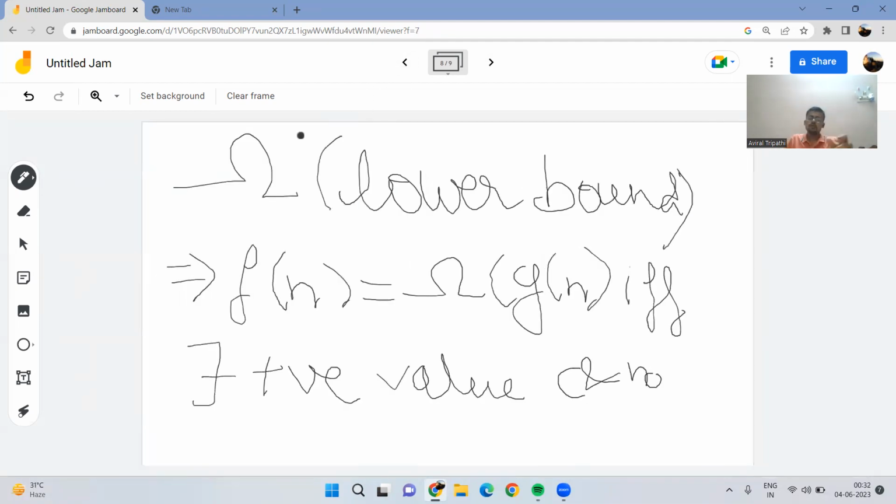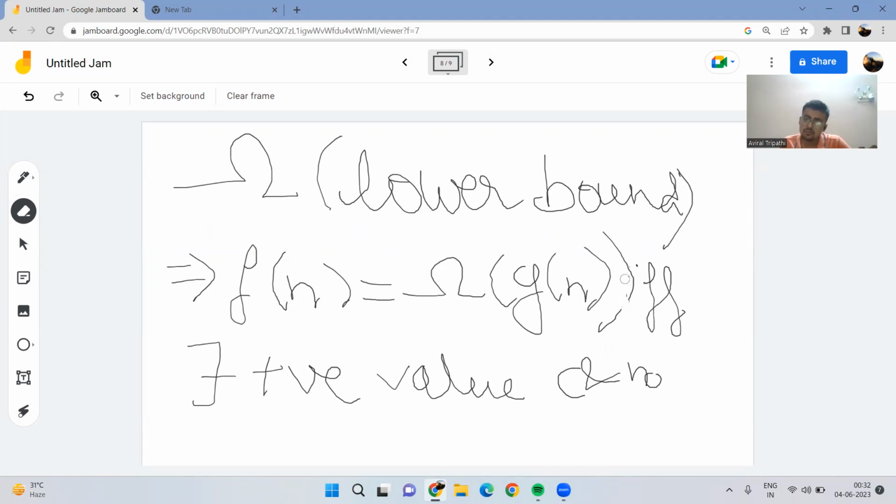So if we go for the definition of a lower bound, that is omega. So for omega, if we have a function fn and if it is supposed to be equal to omega of gn, what we'll be writing here?